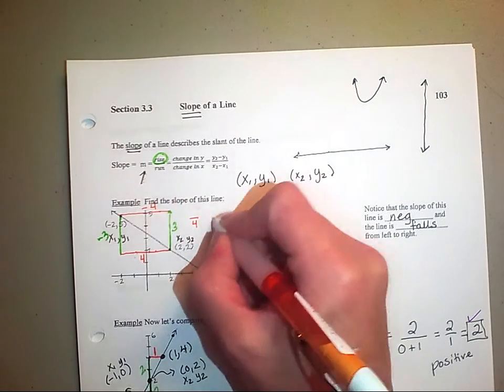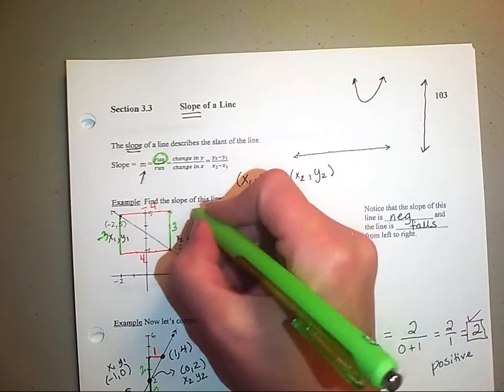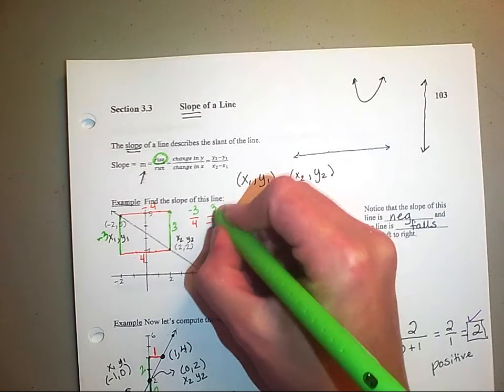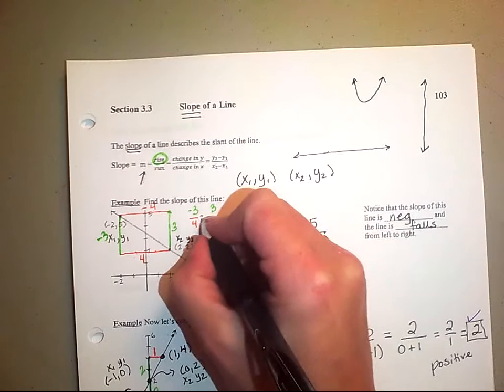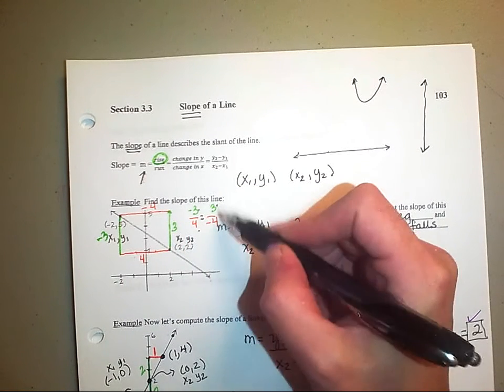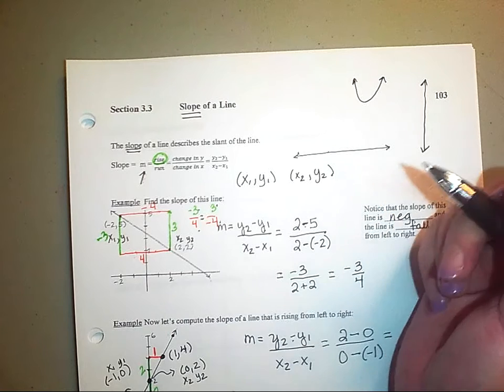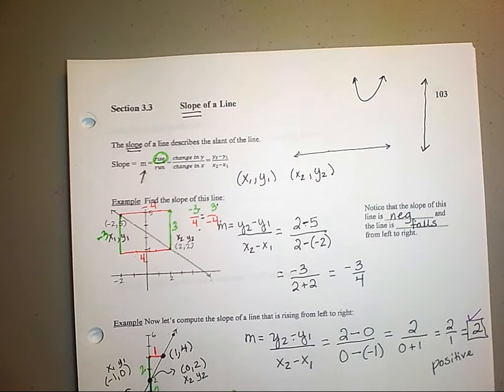If I'd gone this way, it's over -4. With this one I dropped -3, and with this one I was +3. But it doesn't matter whether I take -3 and divide by +4, or take +3 and divide by -4. It's still the same value. So you can count it out those ways too, if you're given the graph.